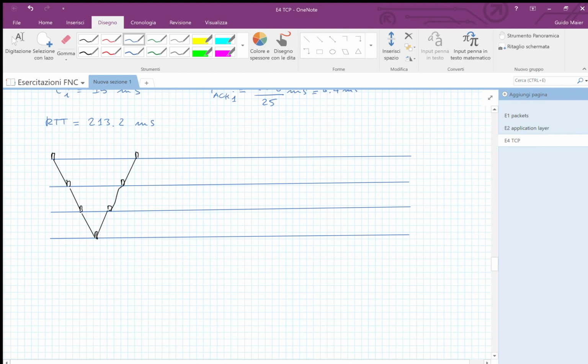So the first packet is only for signaling, the second also. After the confirmation, the sender can start sending the last packet of the handshaking, but in the last packet it can start sending also data. So at this point, we will have the transmission of the first segment of the connection.